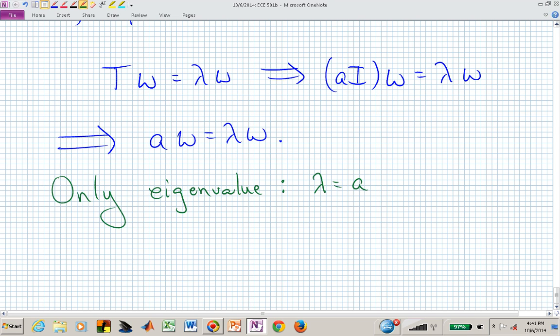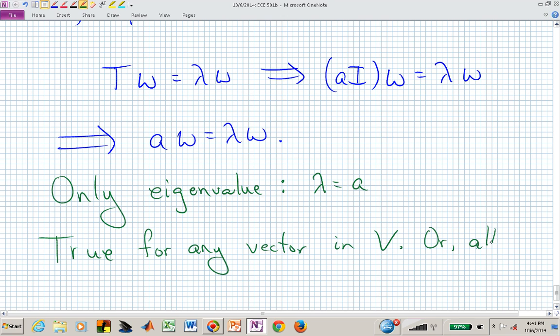So W can be any vector or any direction in this space, and that would correspond to this eigenvalue, the only eigenvalue, A. So this particular linear map of A times the identity has restricted eigenvalues, but it's true for any vector in our vector space V.